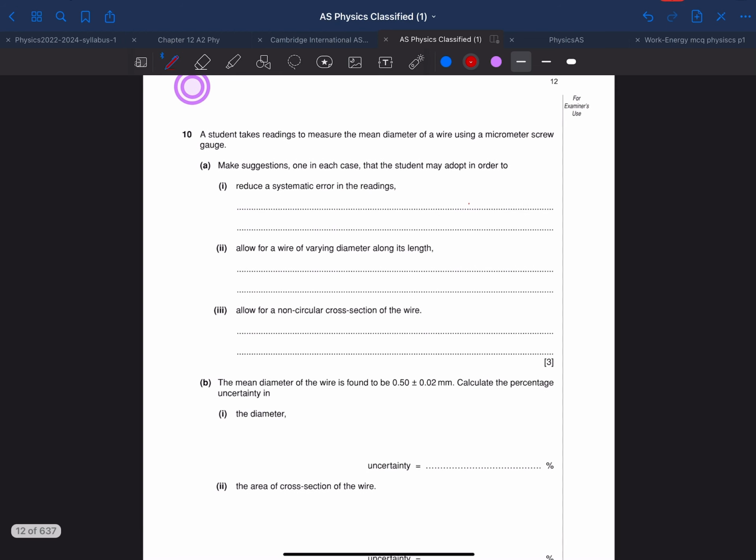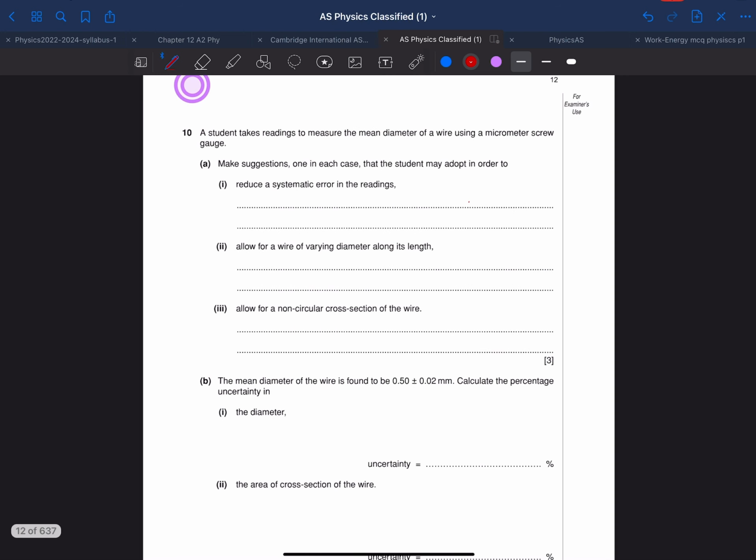So you know that when we were discussing the systematic error, this is the error in the system. So what can we do for reduction of the systematic error? Either we will use a new instrument, or we can check the value of this zero error.